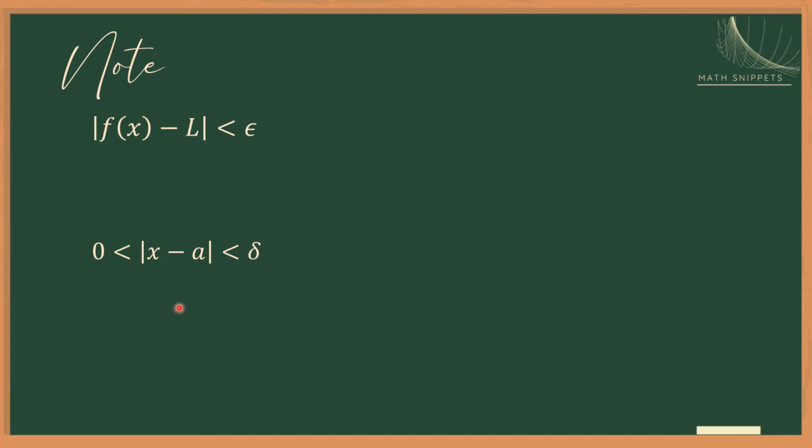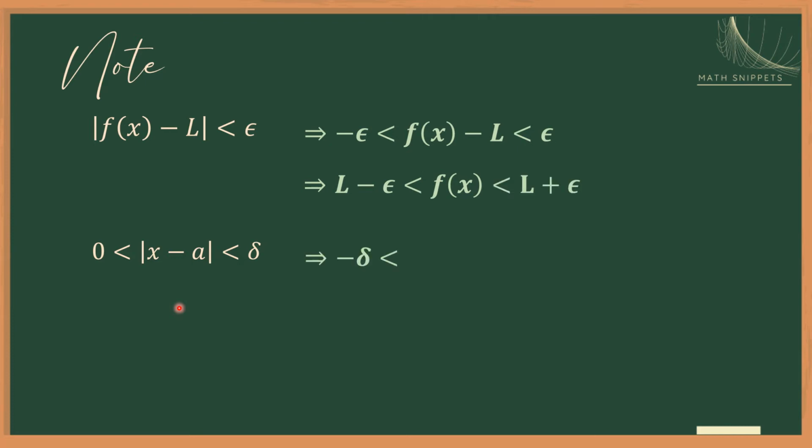So let's expand this to make it simpler. If we expand that, we get this when we remove the absolute value. And the same thing for the other one: when we remove the absolute value and we transpose A, we get x between A minus delta and A plus delta.